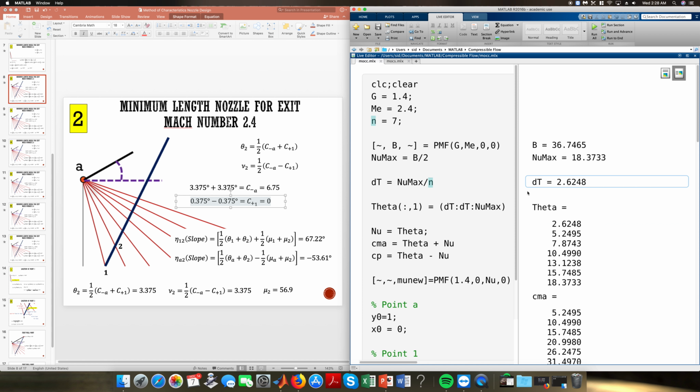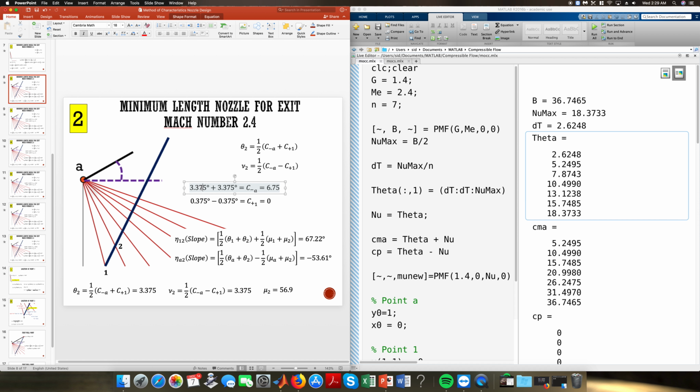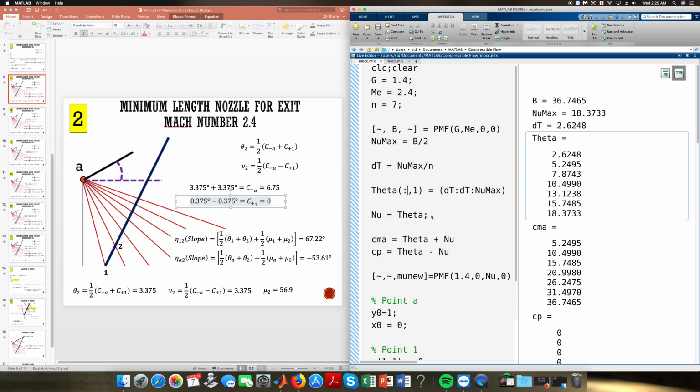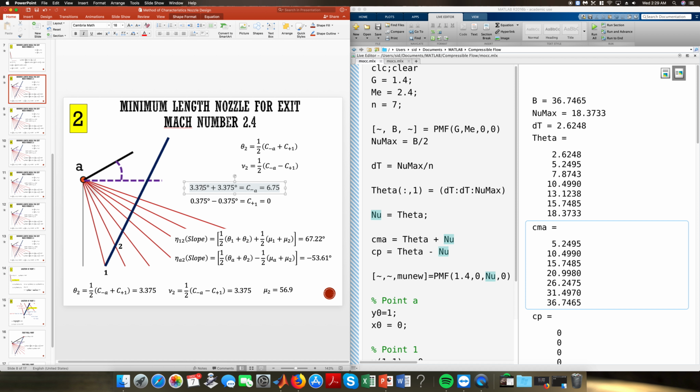Now here is an interesting part. My theta, I can set it equal to nu. If you look at all these cases, theta will always be equal to nu no matter what, so I can actually set that, right? Now, for my C minus characteristic line, I'm adding theta and nu.